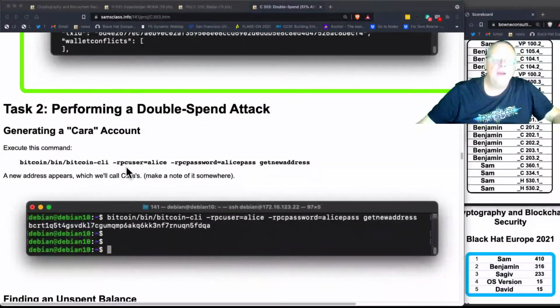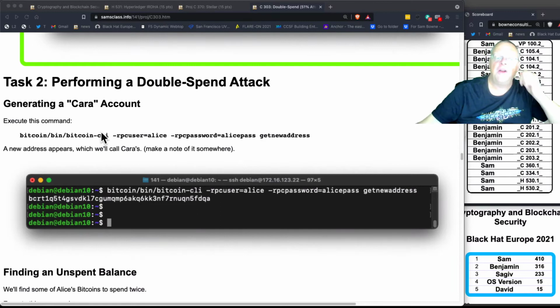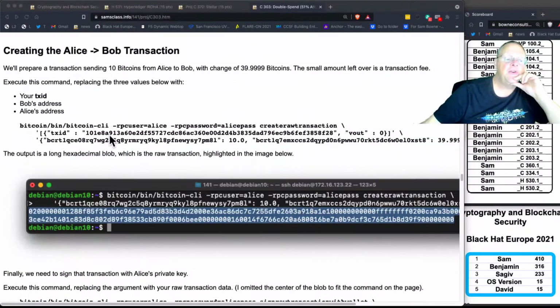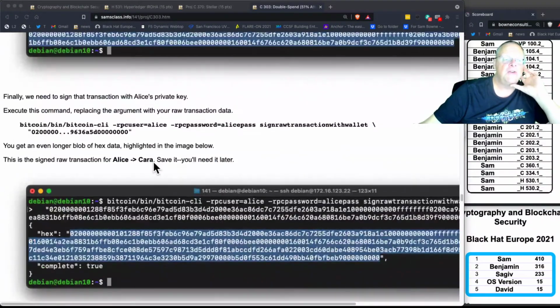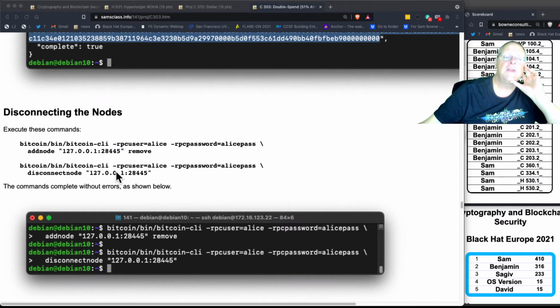and then now you make a double spend attack. Create a Kara account, so you have three, and then you send an Alice to Bob transaction, and you create the Alice to Kara transaction, and now you disconnect the nodes. This is how you create a simulation of a slow network.